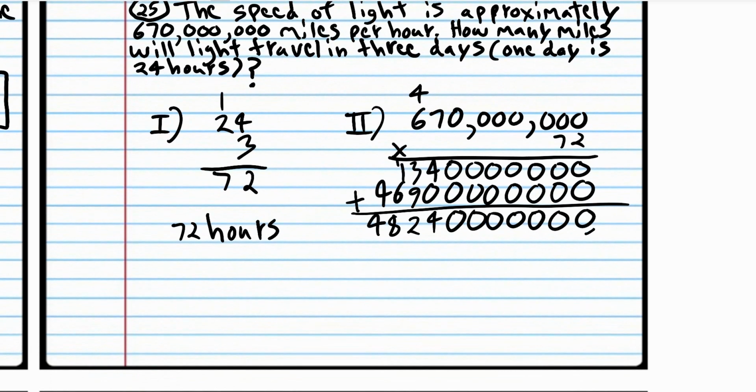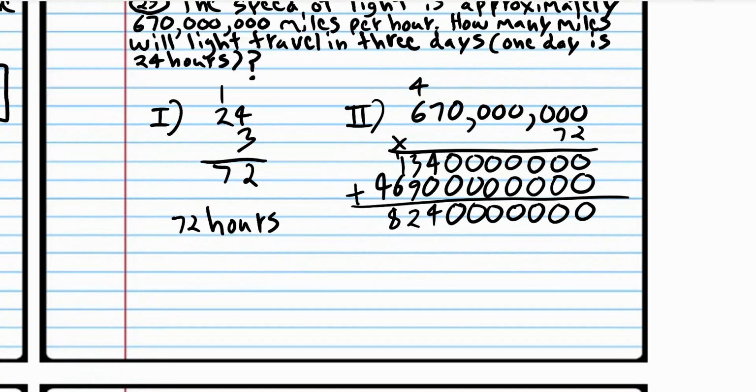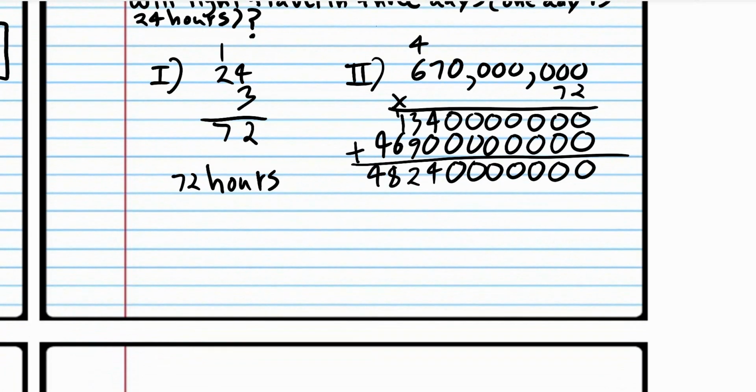So we count 3 over, 1, 2, 3, comma. 1, 2, 3, comma. Let's go ahead and write that number. 4824, then 1, 2, 3, comma, comma, comma.